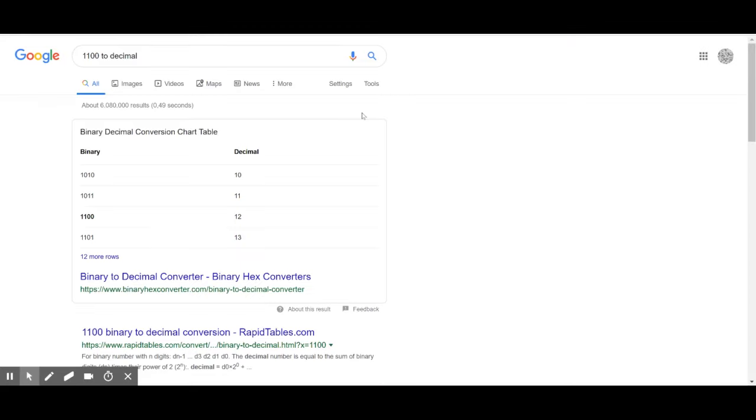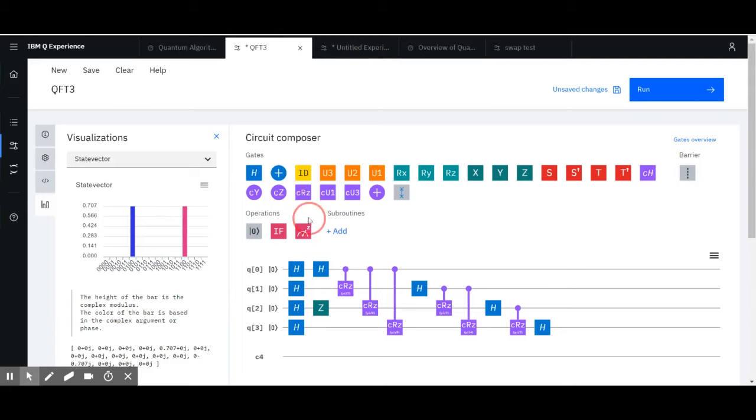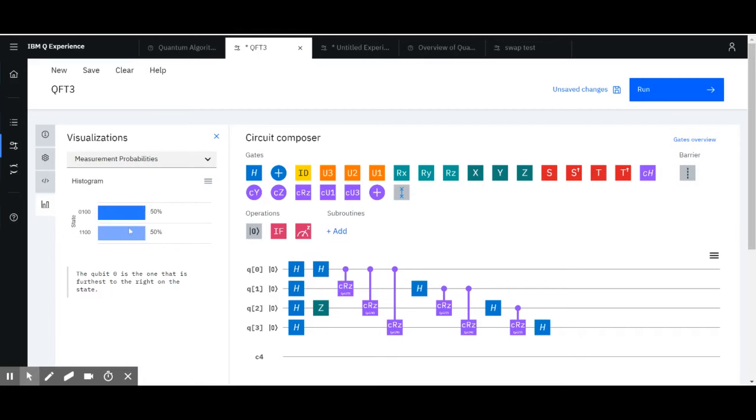It's like 12 or something. Yeah, 12. So 4 and 12. Okay. So this means that this is what this signal is made of. Okay. 50% 4, 50% 12.